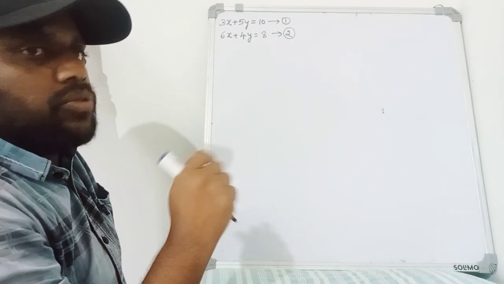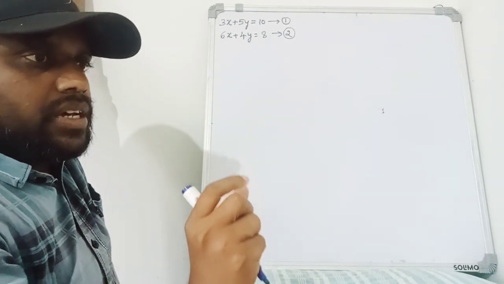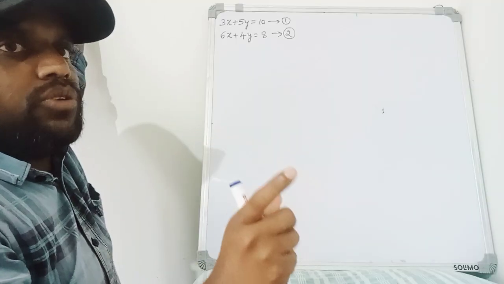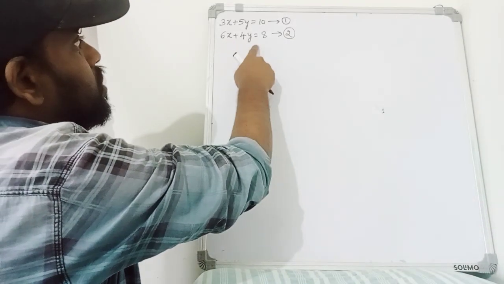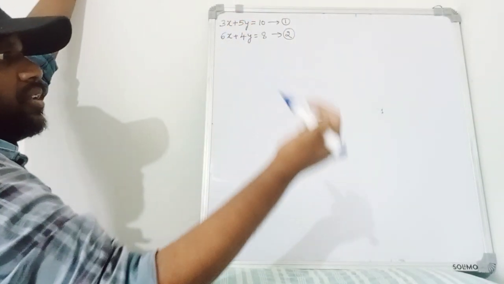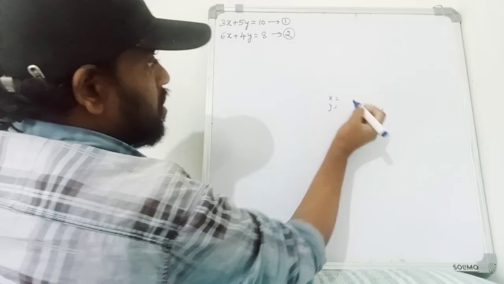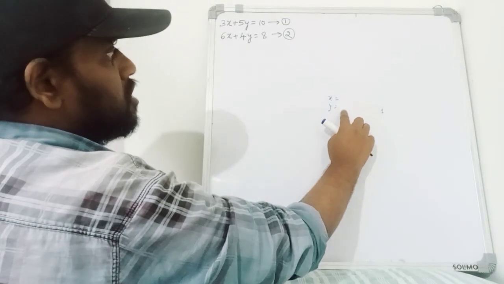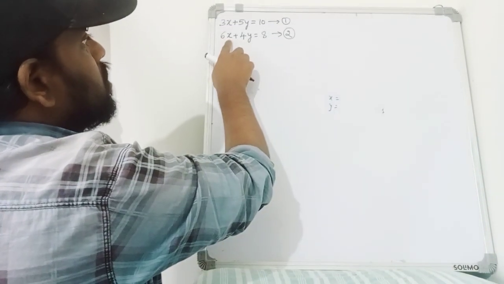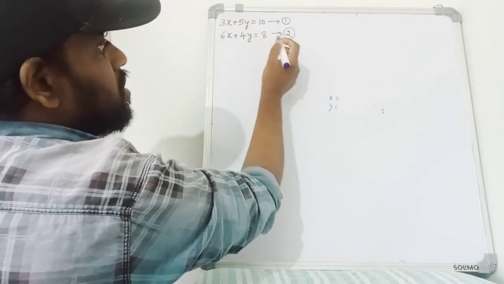So how to solve this? Here, solve means we need to find a pair of values for x and y which satisfies both the equations. I mean, if you take x equal to something, y equal to something, and substitute these values into this equation, the LHS should be equal to the RHS.